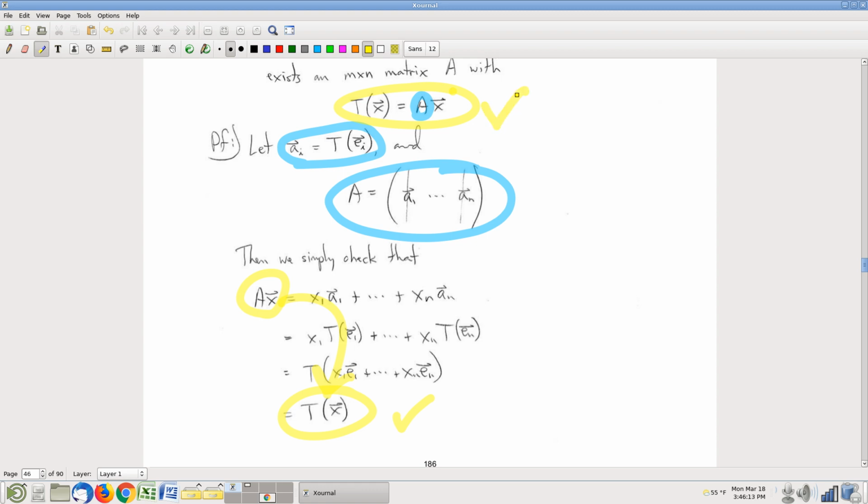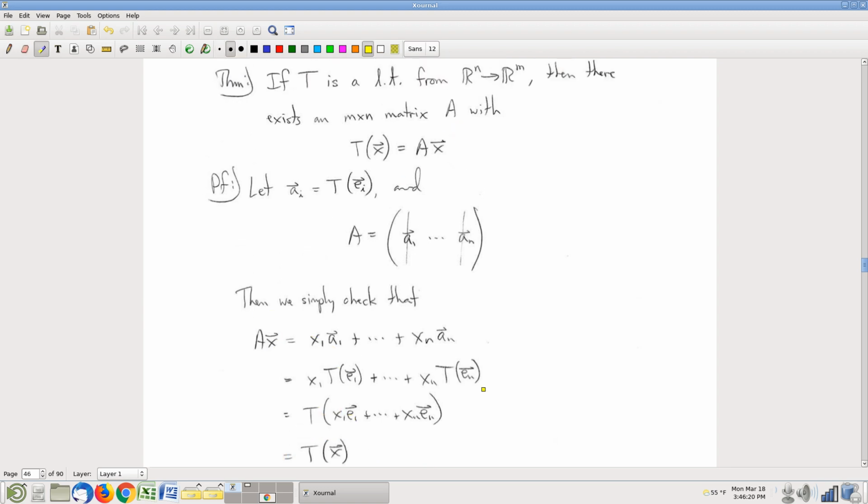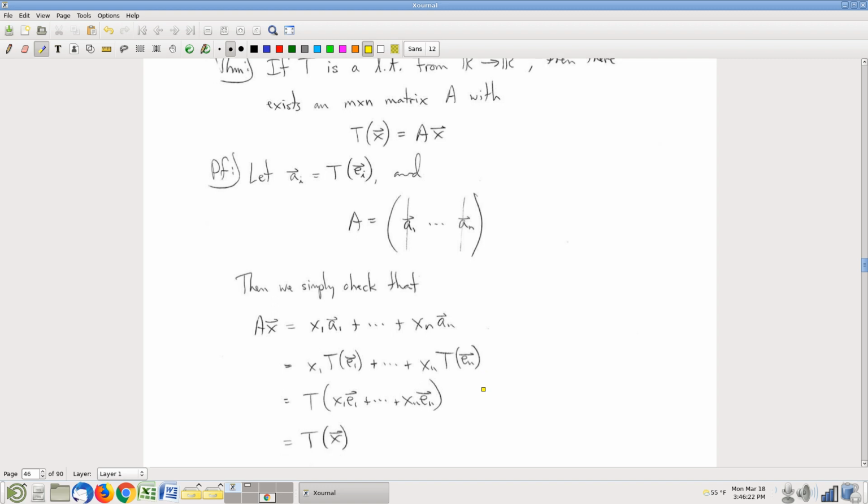The details of showing that are just a matter of writing it down. Let's get that done. So let's see here. I'm starting with AX. Let's multiply A times X. Flash back to chapter 1, the way you multiply a matrix times a vector, linear combination of column vectors.